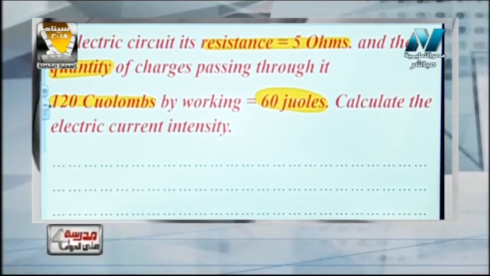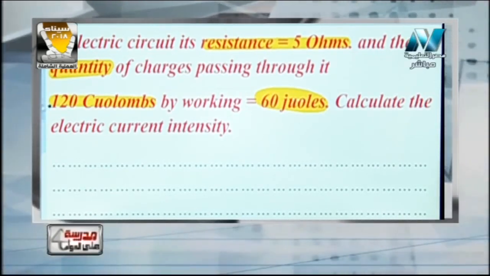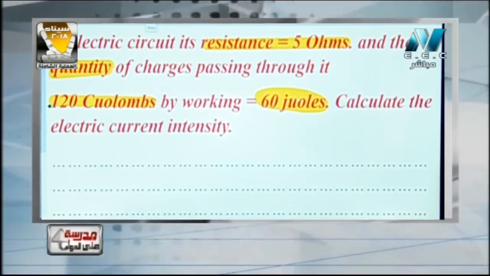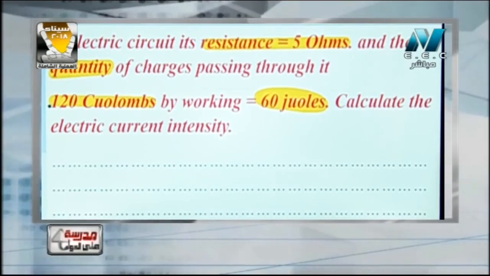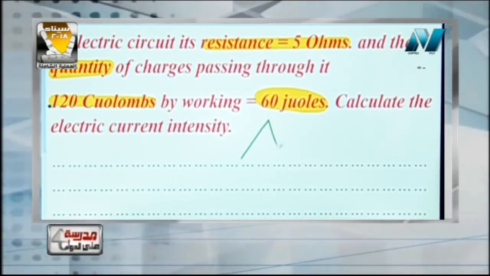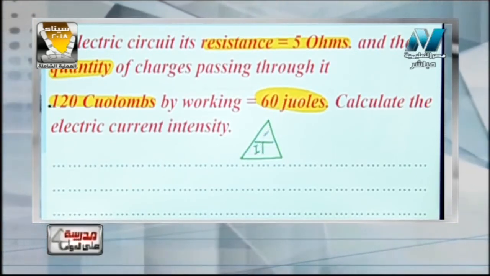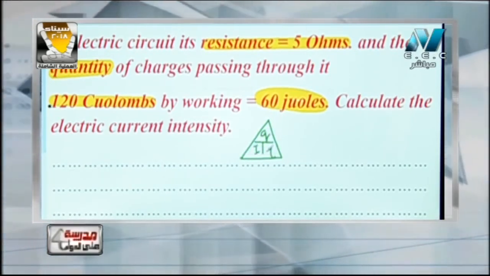Of course we have to remember the magic triangles of the 3 rules. The first one is what? I equal Q over T. Right?